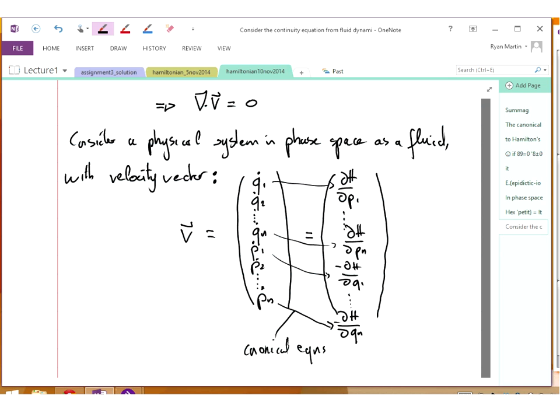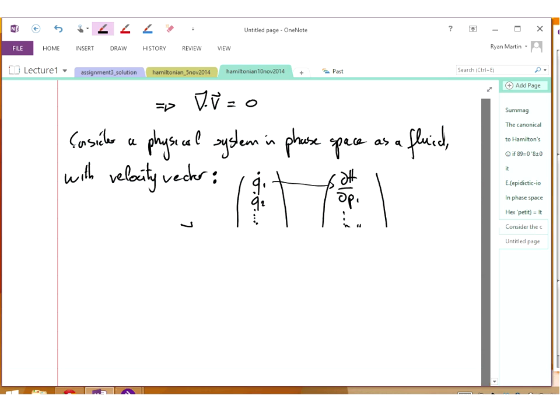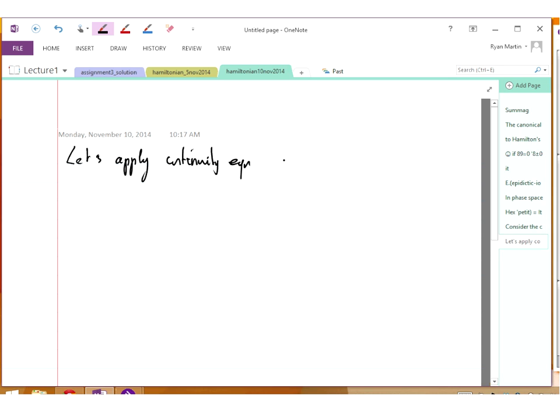So let's apply the continuity equation of fluid dynamics to our phase space fluid.